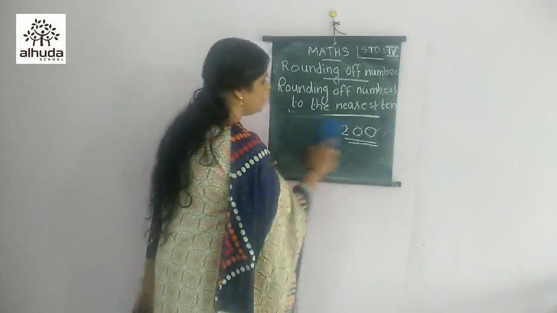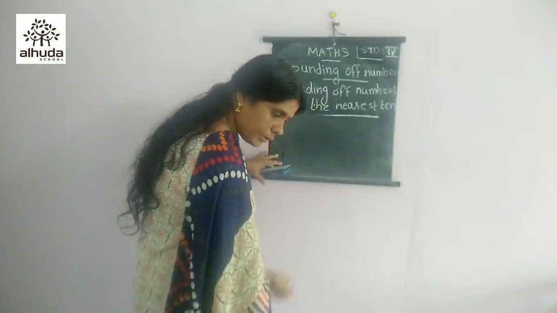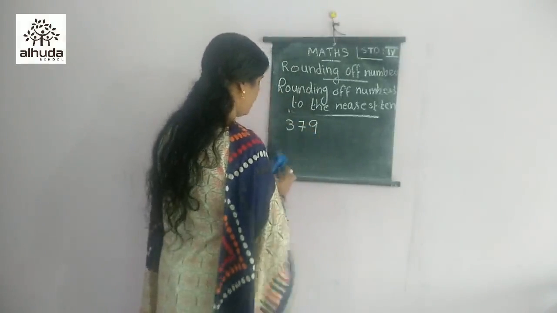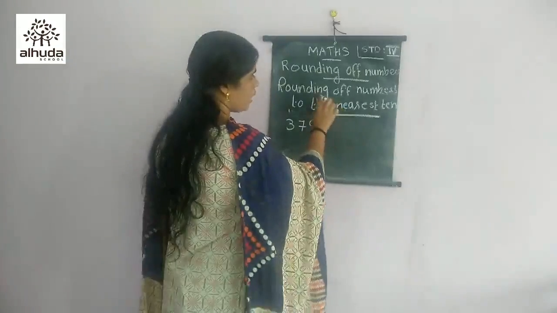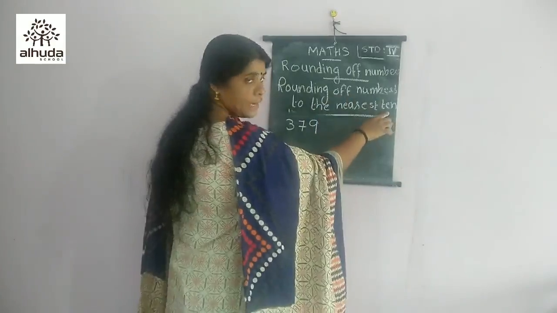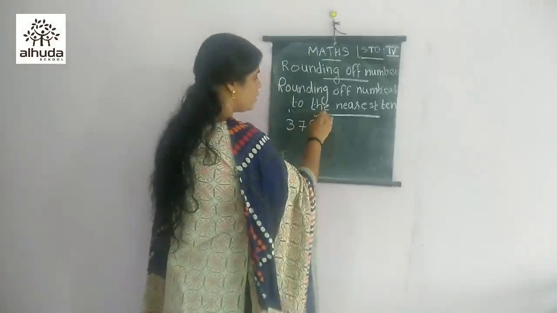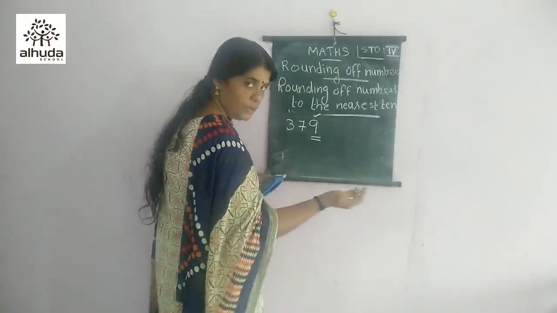One more example, 379. We are rounding off numbers to the nearest 10. So we are looking at the units place, that is 9. That's the ones place digit which is greater than 5.